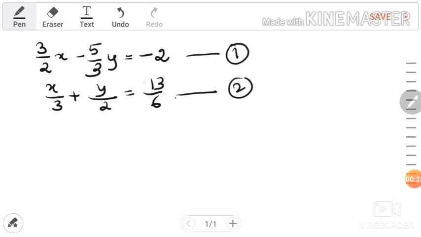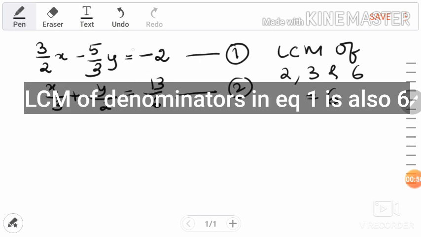In order to get rid of the denominators, we must multiply each equation by the LCM of the denominators it has. So the LCM of 2, 3 and 6 is 6. So we multiply both equations by 6.